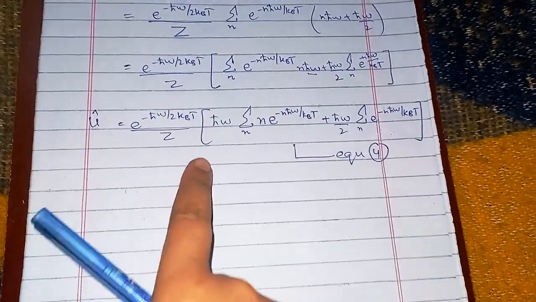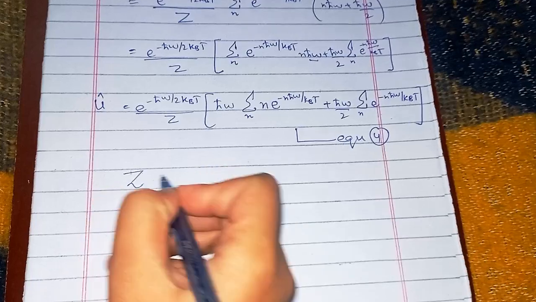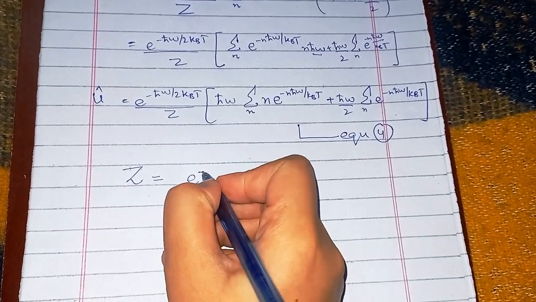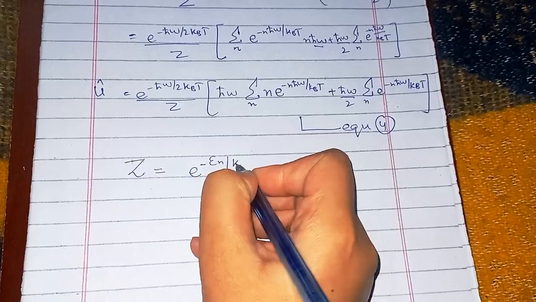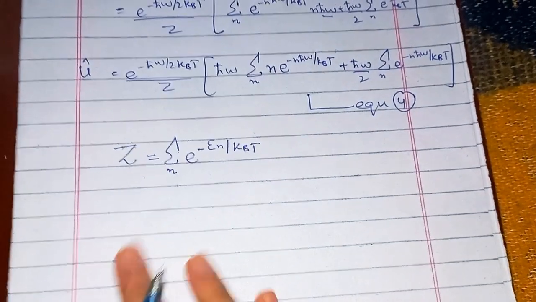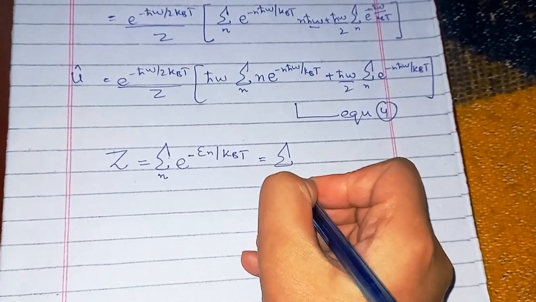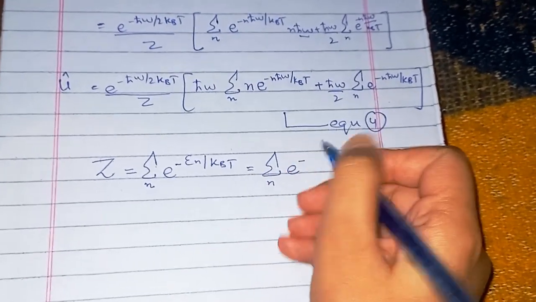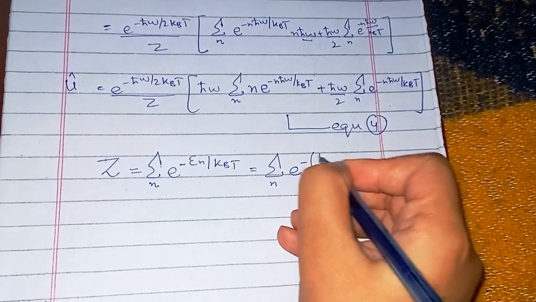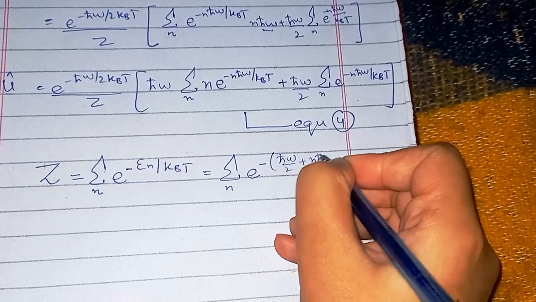Yes, there is one more thing that we can do here. Here is Z, which is the partition function. We know that Z is equal to the summation over n of e to the power minus En by kBT. This is the partition function, and if we insert the value of En here, we get En is h cut omega by 2 plus n h cut omega.